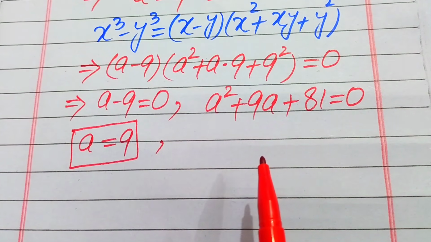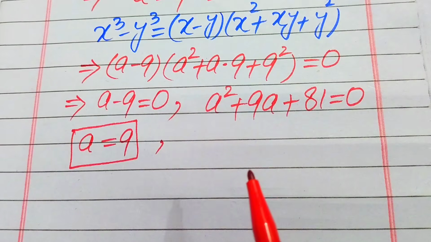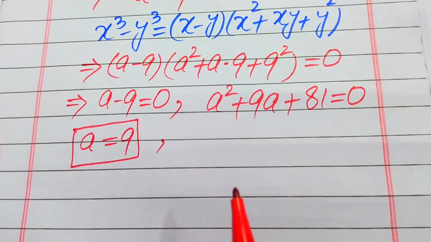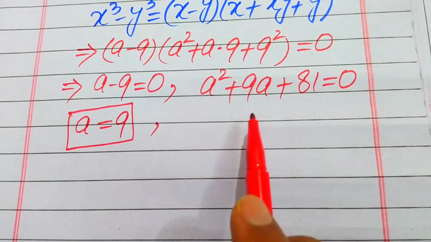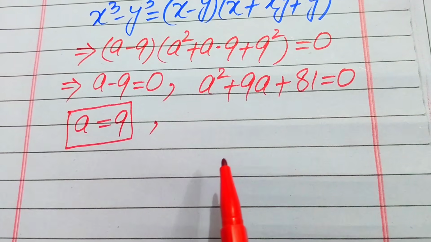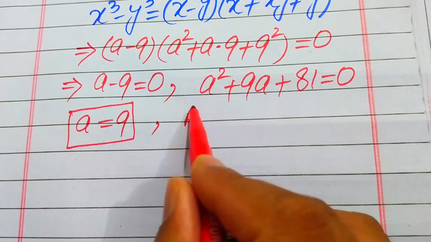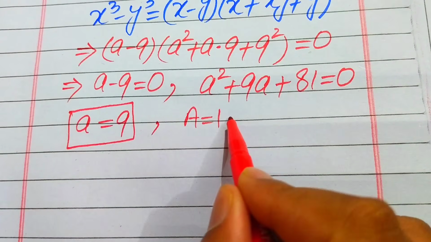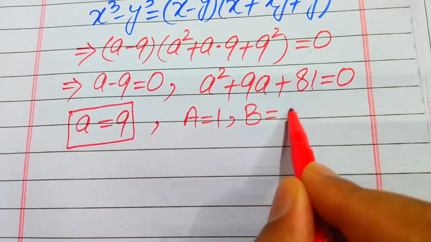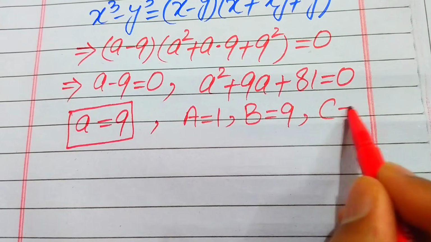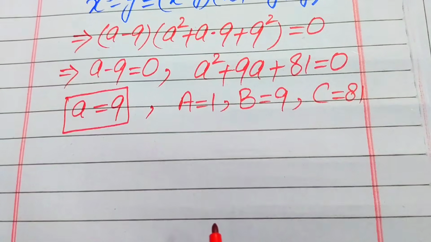We know there are three methods to solve the quadratic equation. The first method is the factorization method, the second one is the completing the square method, and the third one is applying the quadratic formula. So here we use the quadratic formula, and for this we write the coefficients of this equation: capital A equals 1, capital B equals 9, and capital C equals 81.